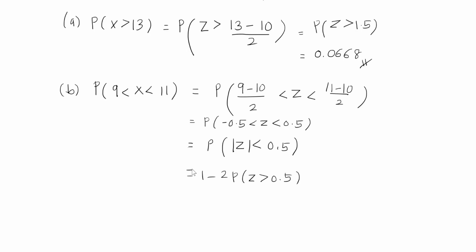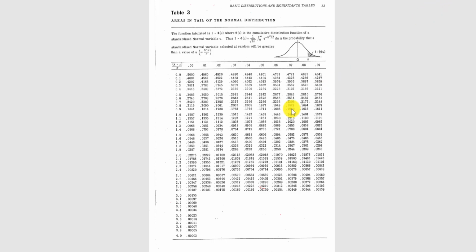Now we have Z greater than 0.5, so we can get this answer from the table. 0.5 is here, and Z greater than 0.5 is 0.3085.